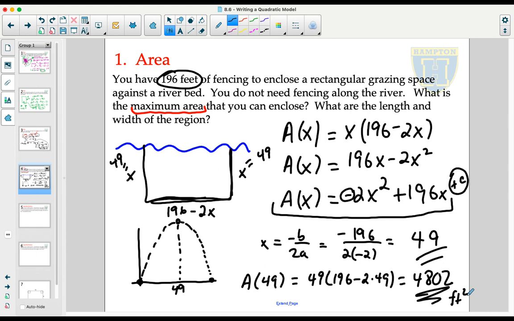But because we did not have a specific area in mind, we were able to instead write the function so that it had all of the different possibilities available to us, and then we maximize that function. Knowing what we know about the graph of quadratic functions, knowing what we know about how to identify the vertex, we found our highest point, we found our turning point, we found that maximum, and then we use that to find the maximum area.